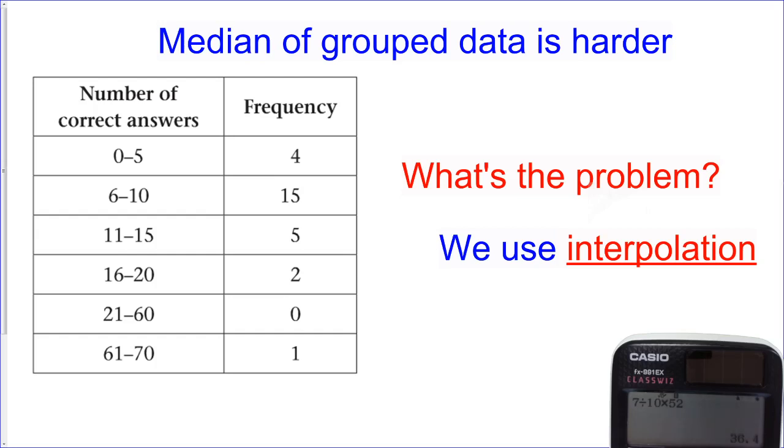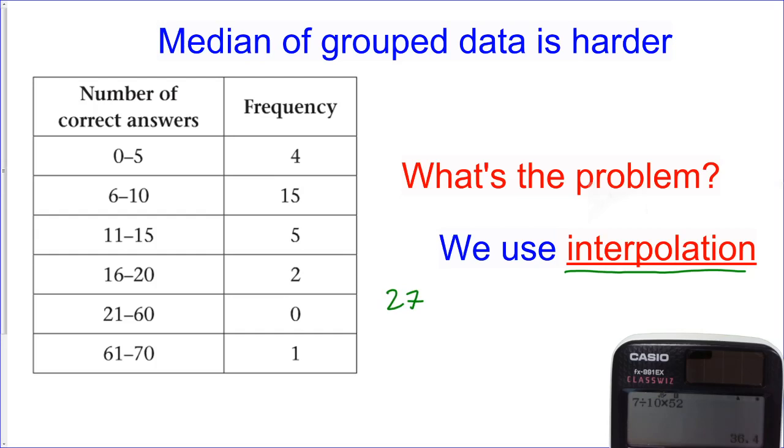When we come to do medians from grouped data, it's a bit more involved because we don't know exactly what the data was, so this is going to be an estimate, and we're going to use the idea of interpolation. This word interpolation means to look inside a data set and try to draw some conclusions. So hopefully we can see, adding up here, we get 20, 24, 25, 26, 27.